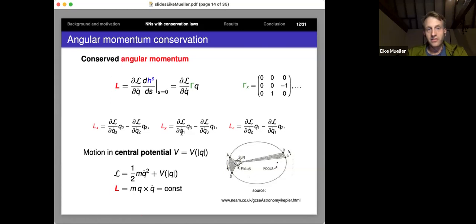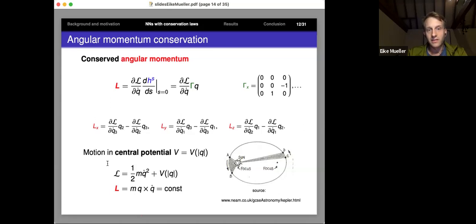And if we then assume that the Lagrangian isn't just arbitrary, but is actually describing the motion of a particle in a central potential, so V only depends on the distance from the origin, and the kinetic term looks like this, then we can work out what this derivative is. The derivative of L with respect to q_j dot just gives us q_j dot times the mass.